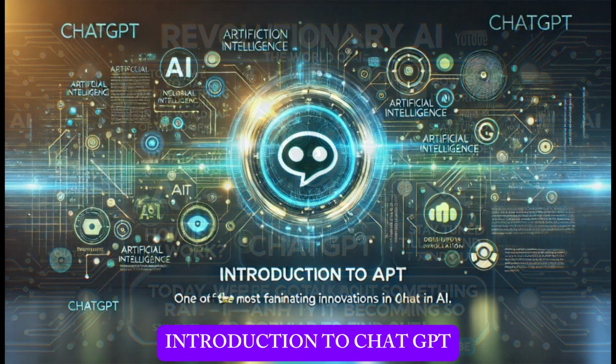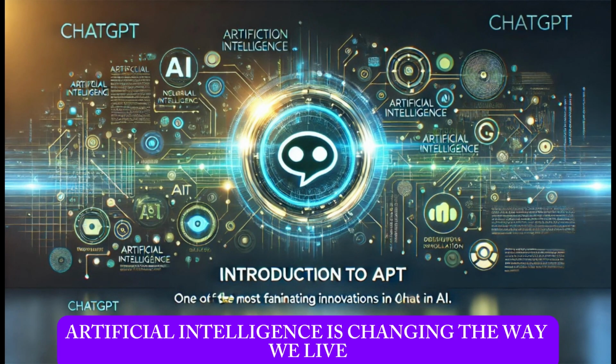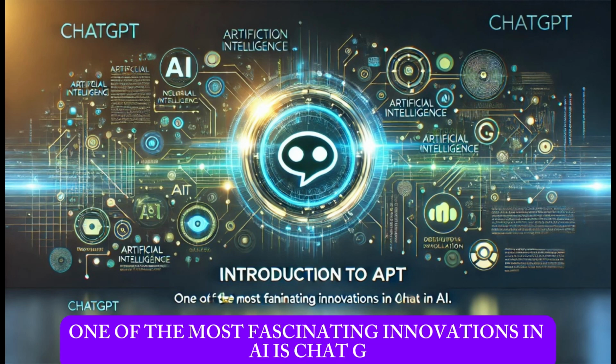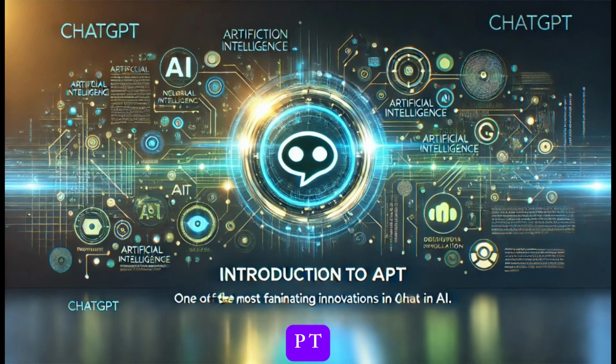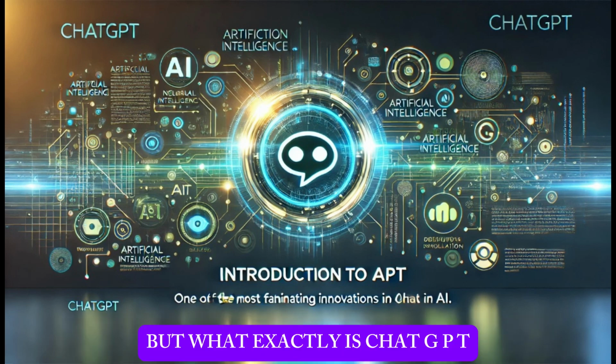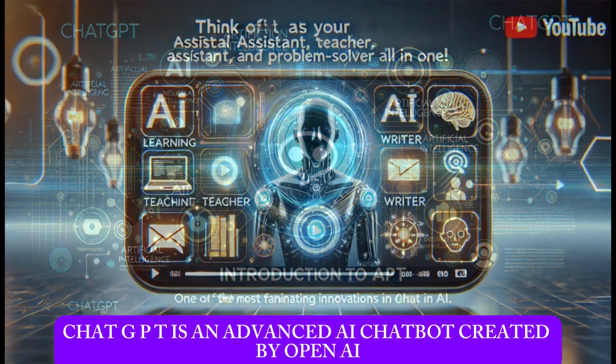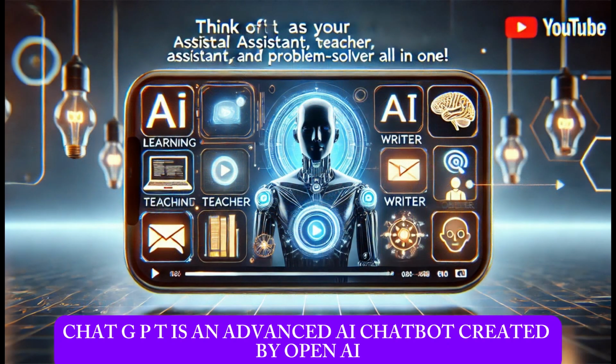Introduction to ChatGPT. Artificial intelligence is changing the way we live, work, and communicate. One of the most fascinating innovations in AI is ChatGPT. But what exactly is ChatGPT? ChatGPT is an advanced AI chatbot created by OpenAI.